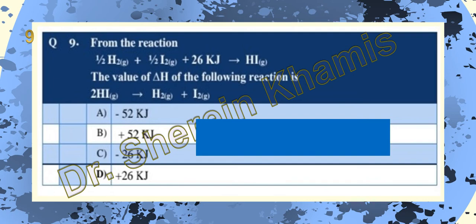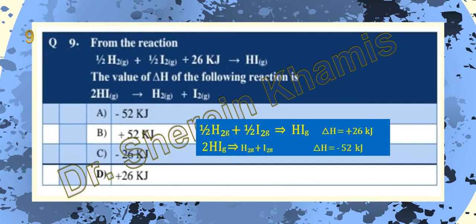To get the delta H value, okay, we have half H2 plus half I2 give HI gas. So delta H will be plus 26 kilojoule. Okay, so if we want to get the reverse for this equation, we will have 2HI that will decompose to give what?